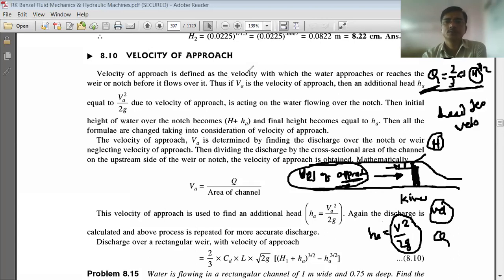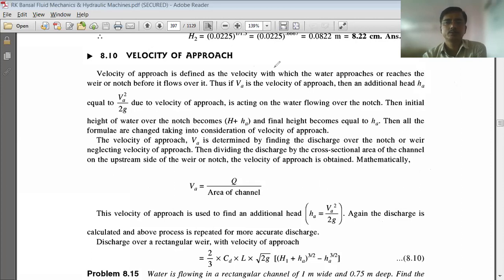Okay. So here, after adding this, we will see what discharge we will get. First of all, let us write down the definition of velocity of approach. Write down there. It is defined as the velocity with which water approaches or reaches the notch or weir before it flows over it.